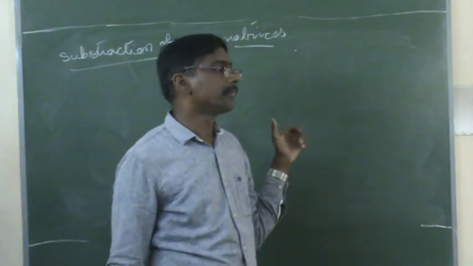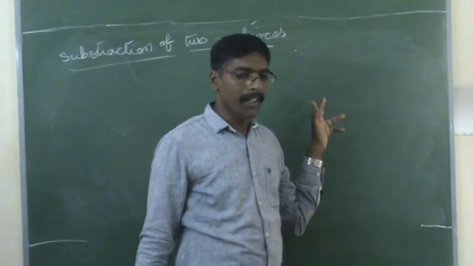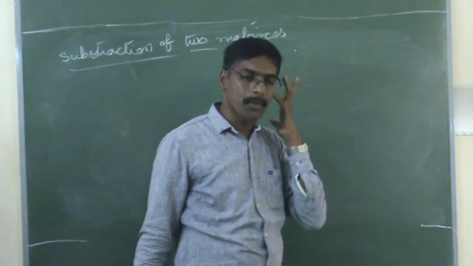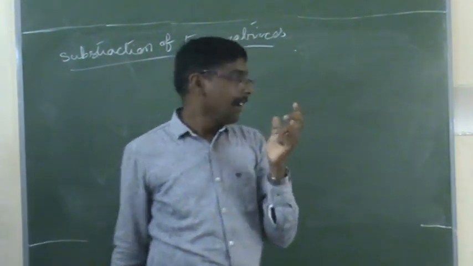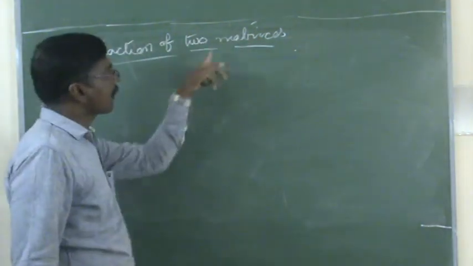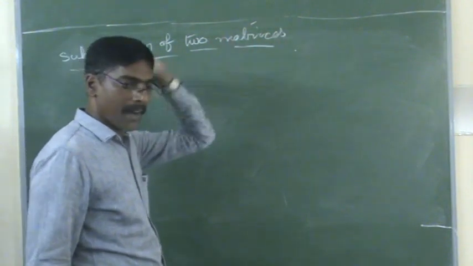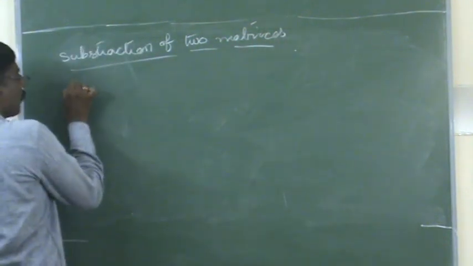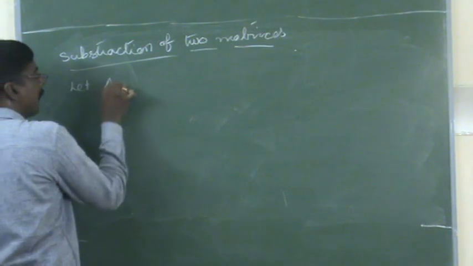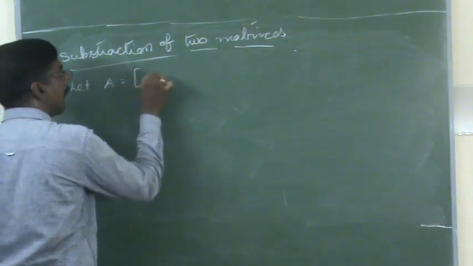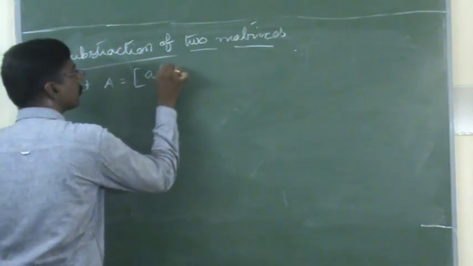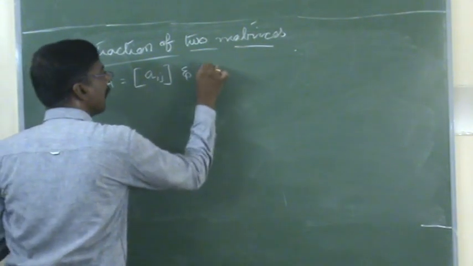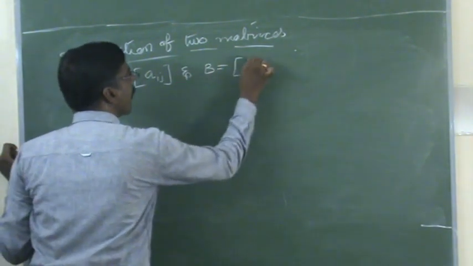Example 1. Okay, now that's the important information for the subtraction of two matrices concept. Now how to subtract the two matrices? Let capital A be Aij and capital B be Bij.